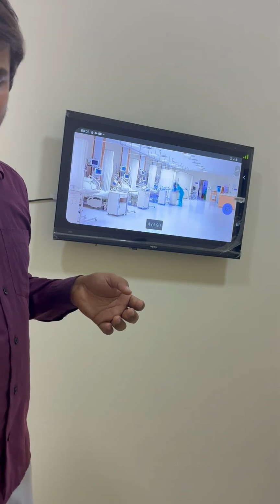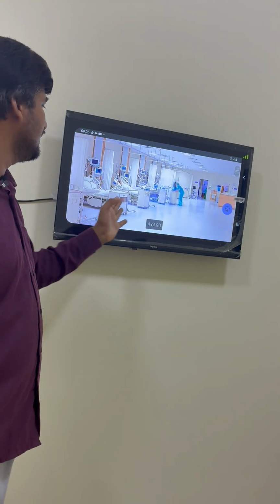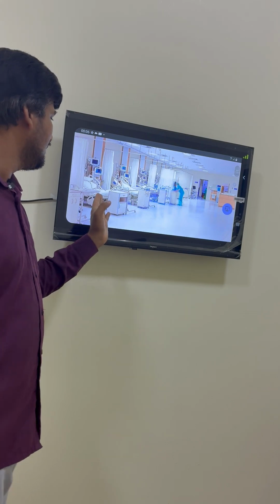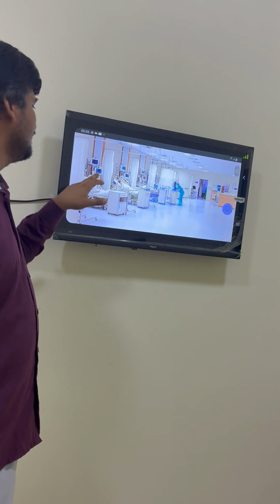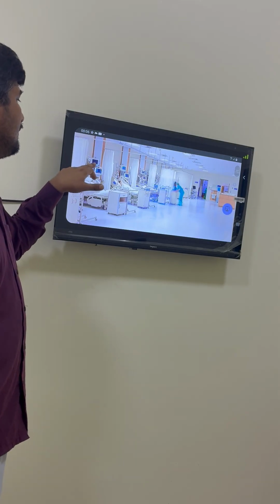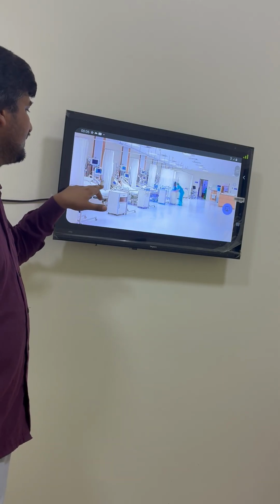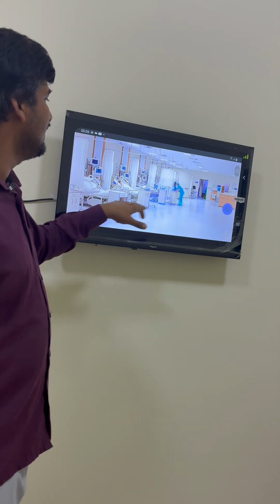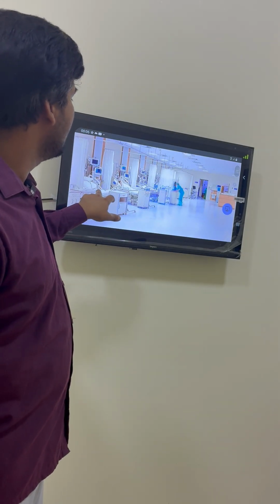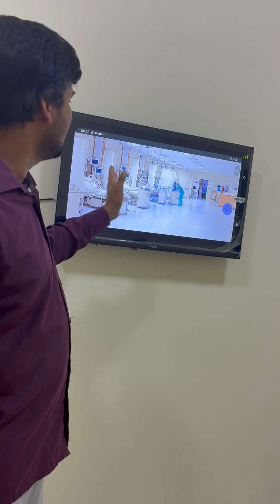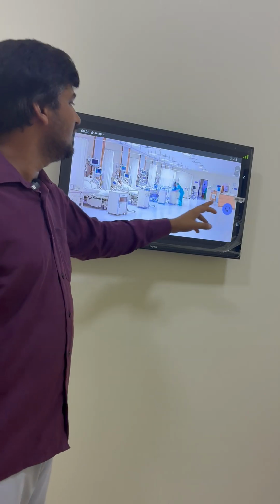Then see here, you can see the ICU setup. Here you can see bed to bed space will be there. Every bed is attached with one cardiac monitor and a ventilator. You can see the patient locker here. Here one doctor is doing the rounds. You can see the patients here, and a single curtain for each patient. This is the nurse station.